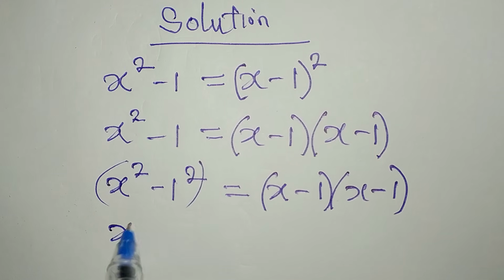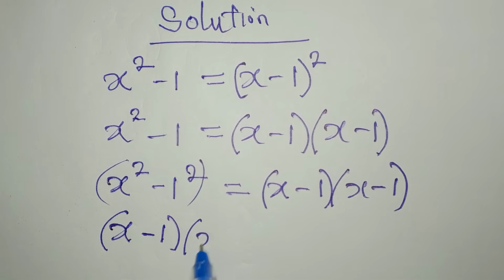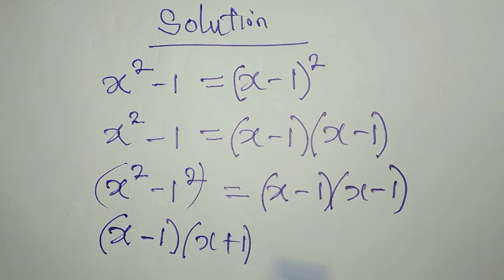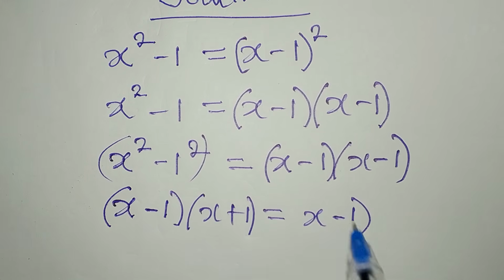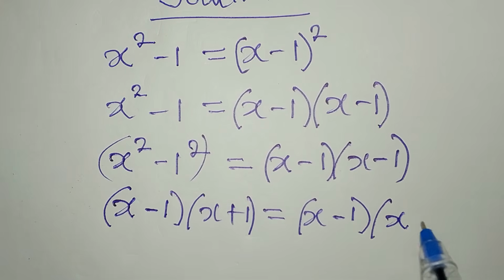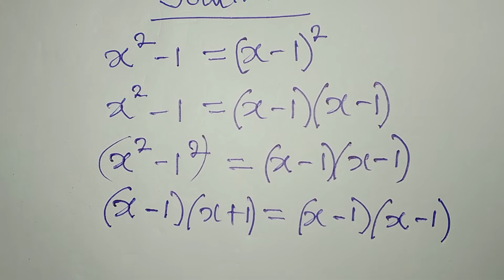So I will now have (x minus 1) into (x plus 1) from difference of two squares. So this will now be equal to (x minus 1) into (x minus 1).